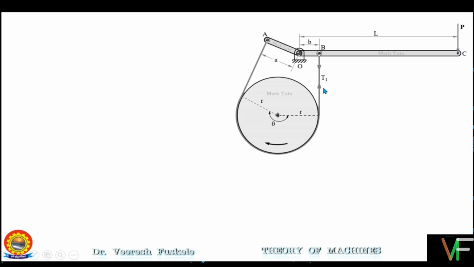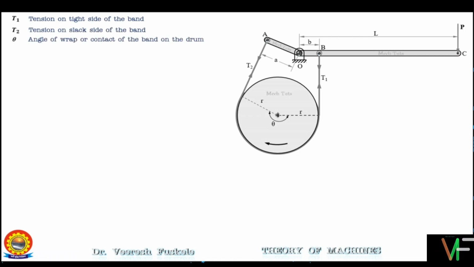As the drum is rotating in the clockwise direction, this will be the tight side and this will be the slack side. The tight side has tension T1 and the slack side has tension T2. So T1 is the tension on the tight side of the band, T2 is the tension on the slack side of the band, theta is the angle of wrap or contact of the band on the drum, mu is the braking friction coefficient, R is the radius of the drum, and P is the force applied at the end of the lever.